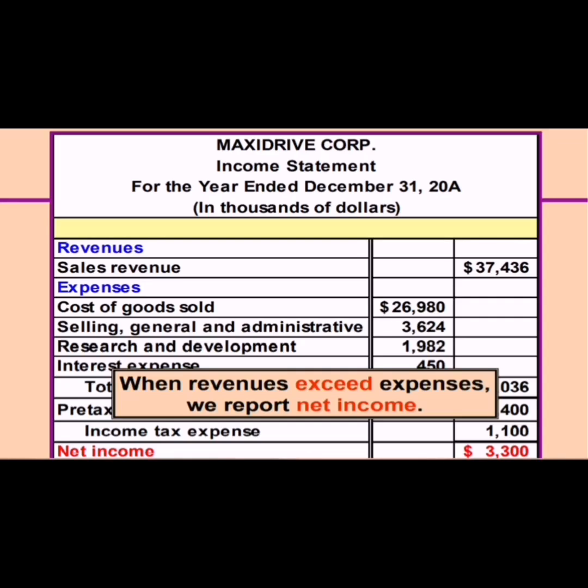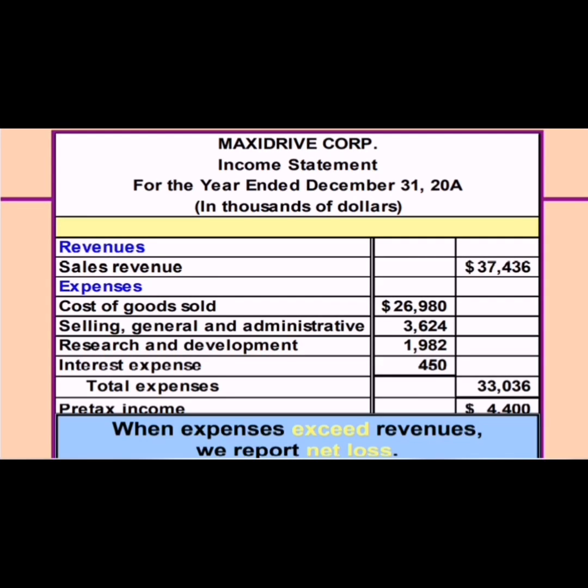So when revenue exceeds expenses, we report net income. It means when revenues are more than the expenses of the business, we get a net result, and the name of that net result is net income, or simply the income of the organization. But on the other side, when expenses are more than the revenues of the organization, we get the result in a negative form, and that is called the net loss of the organization.